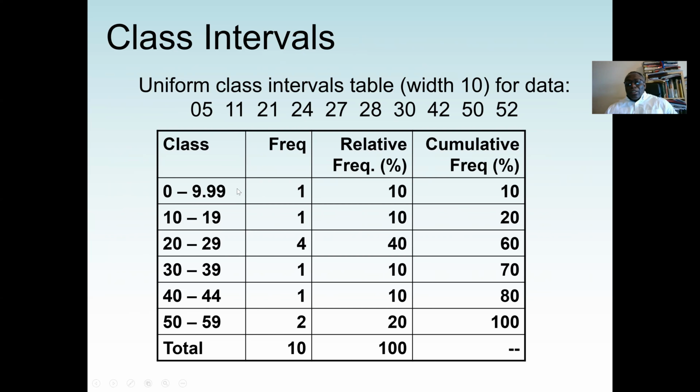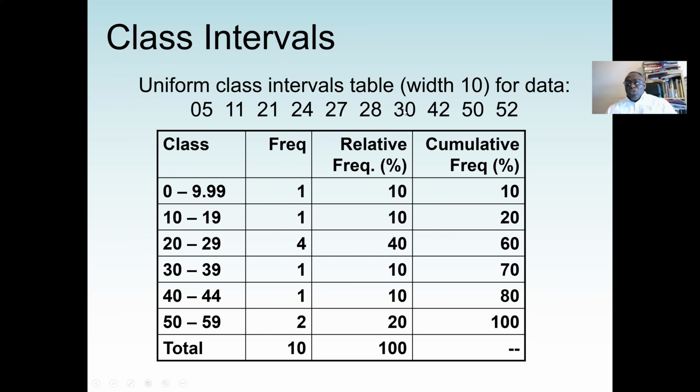Now we look at the data set. From 0 to 9.99, we have only 5, so the frequency is 1. From 10 to 19, we have only 11. From 20 to 29, we have 4: 21, 24, 27, 28. Then 30 to 39, we have only 30, so 1.